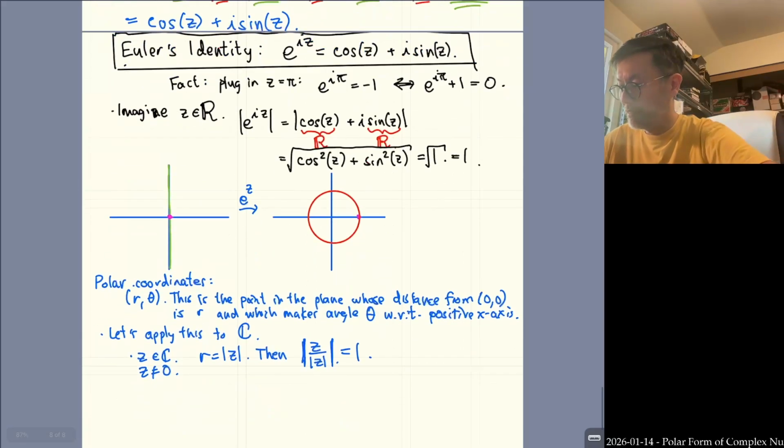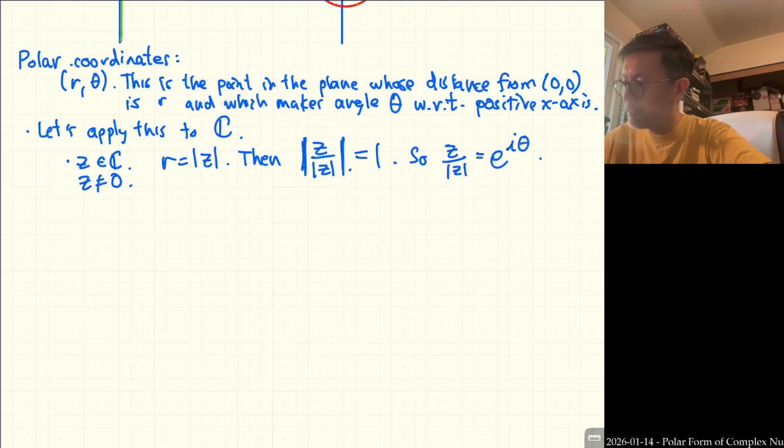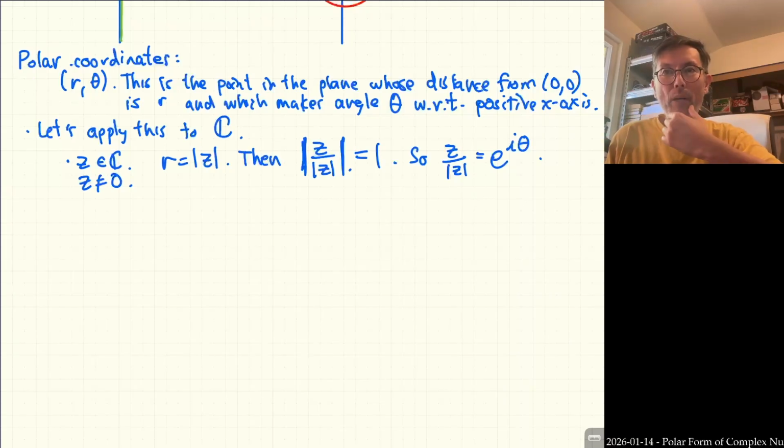Right? That angle. Okay, so then using that here, we can say z over the modulus of z is equal to e to the i theta, where theta again has the interpretation that we had above. It's the angle that this point z makes with the positive x-axis.